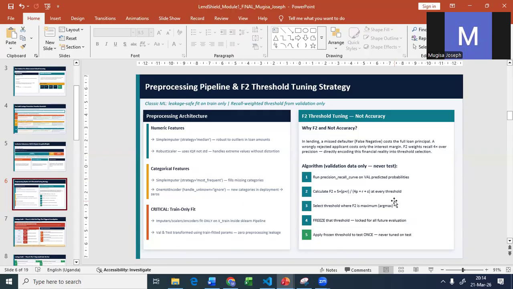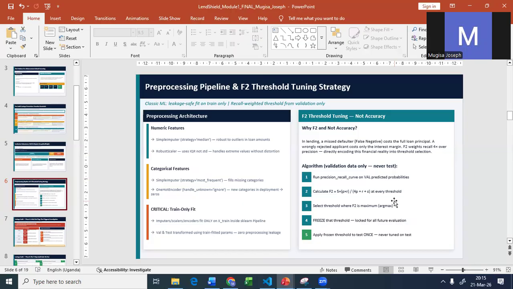So we have F2 threshold tuning. Our focus was on F2, a metric that creates balance between precision and recall. When I talk about precision, I mean when our model predicts a true positive, that this is a defaulter, what is the probability that the person actually is a defaulter?